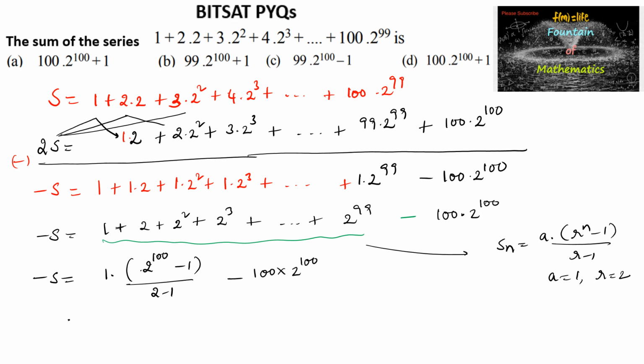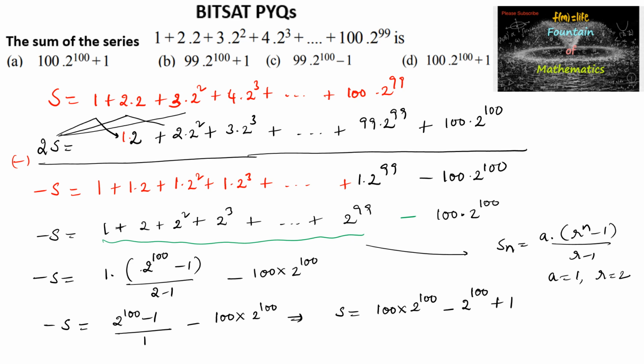So we can write negative S is equal to 2 power 100 minus 1 divided by 2 minus 1, which is 1, minus 100 times 2 power 100, which implies S is equal to 100 times 2 power 100 minus 2 power 100 plus 1, taking the negative common. So with 2 power 100 taken common, we can add 100 minus 1, that is 99 times 2 power 100, plus 1 is the answer.